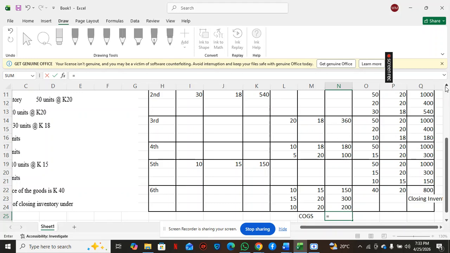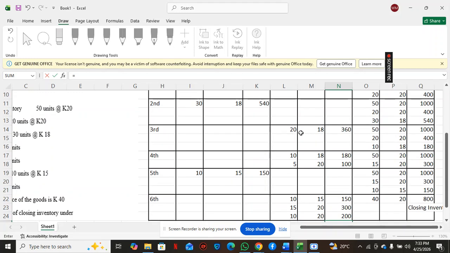So for the cost of goods sold, you're just going to add the total cost of these goods sold. At first we sold 20 of these goods, total cost 360. Sold another 10, their cost was 108. We sold another 5, cost 100 kwacha.